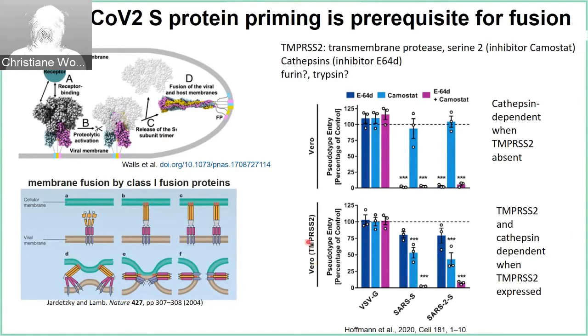However, when TMPRSS2 now is expressed in these same cells, you can see that the cathepsins are much less important, and that TMPRSS2 is the preferred protease. However, in combination, inhibiting both cathepsins and TMPRSS2 is the most effective in preventing virus entry.